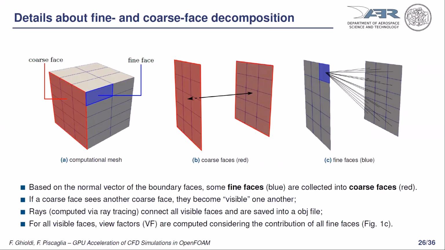Instead, whenever there are multiple faces on the boundary which have the same normal direction, they are coalesced, let's say, into a coarse face. In terms of visibility, OpenFOAM considers the visible face against the visible face in terms of coarse faces. But whenever it's time to compute the view factors, you need to calculate each elementary view factor. And so, of course, this becomes quite expensive in terms of calculations.